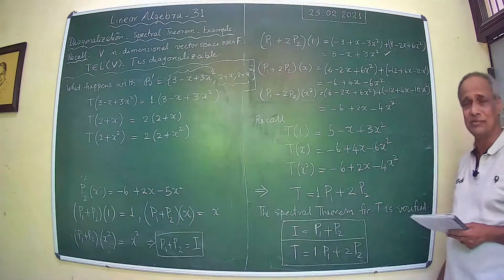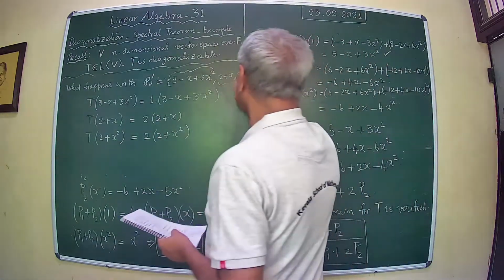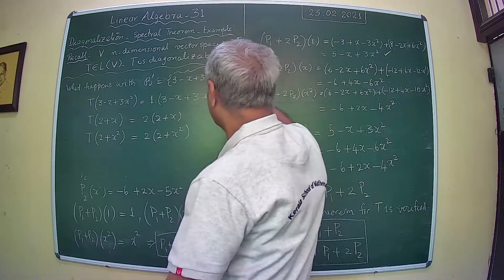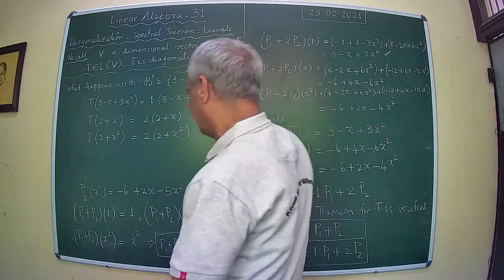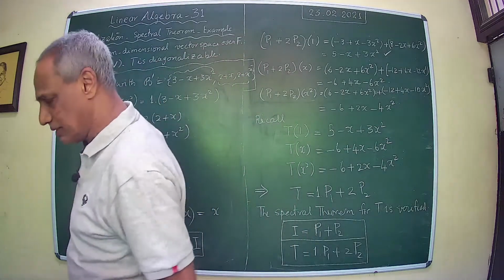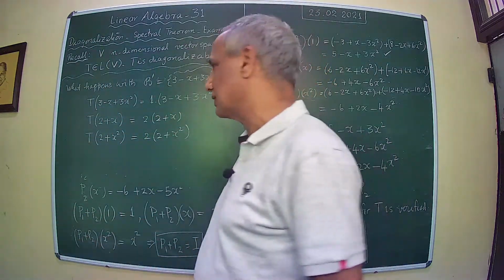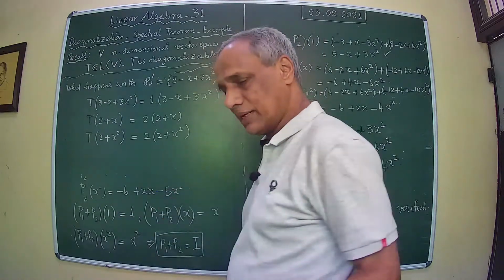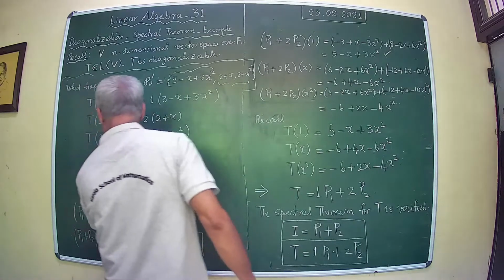That's quite possible. There is no reason why you should choose only 2 plus x and 2 plus x squared. That seems to be the simple choice because you get 1, 0, so one of the entries has zeros. That's the reason we have chosen it. But you can choose some other set of vectors and then compute everything, and everything will work out with this.